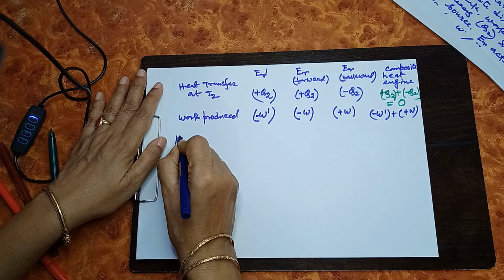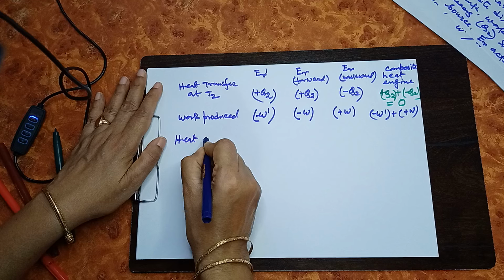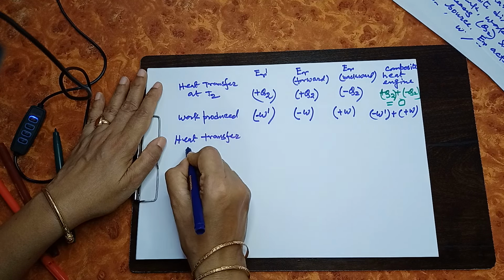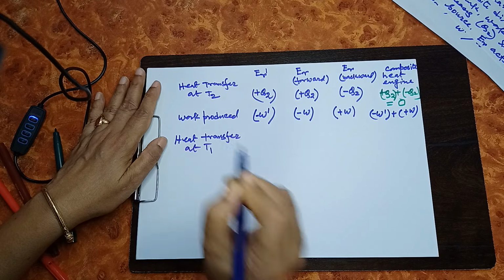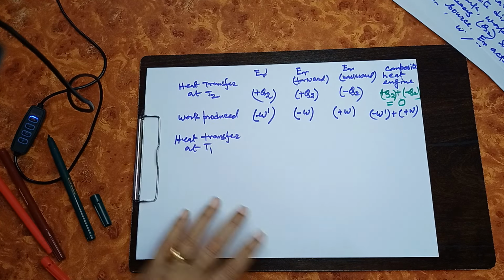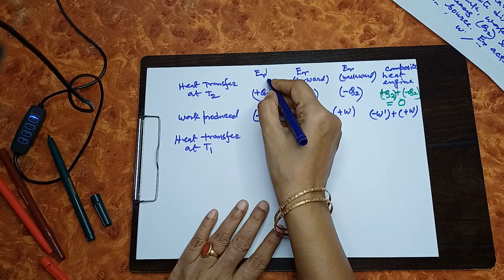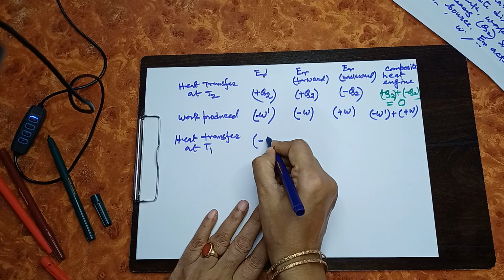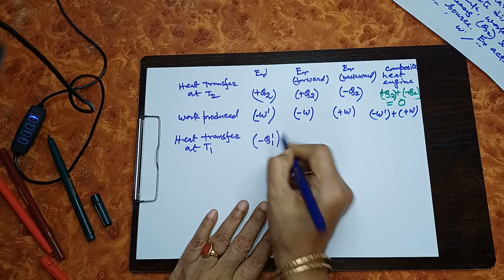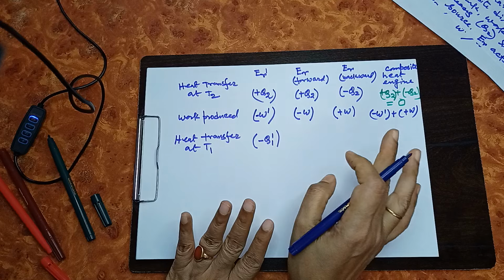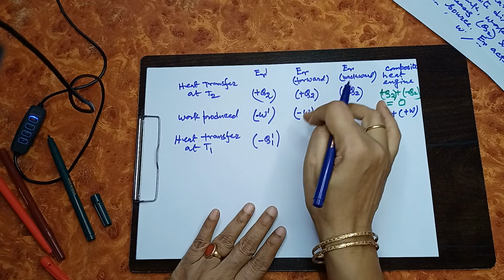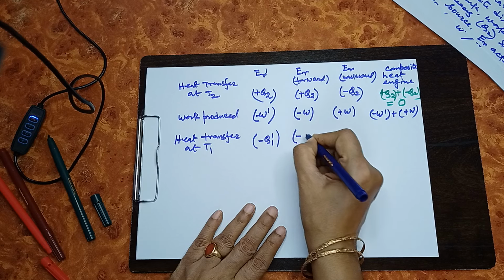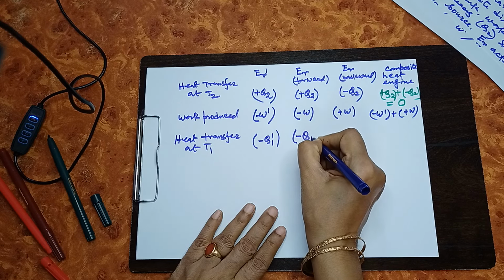Now coming to heat transfer at T1, that is the low temperature sink. Okay. This ER dash, what amount of heat is it releasing? Minus Q1 dash. Minus indicates it is releasing heat. Now ER in the forward direction, if it works in the forward direction, then it will be minus Q1.